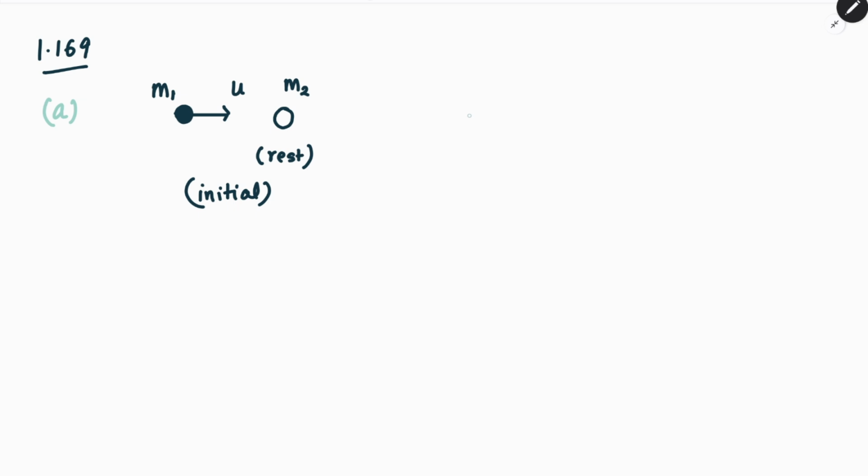After collision, the particle of mass m1 rebounds with a certain speed v, and particle 2, m2, moves with speed v in the other direction. The problem states that after a head-on collision the particles fly apart in opposite directions with equal speed. This is the final condition.